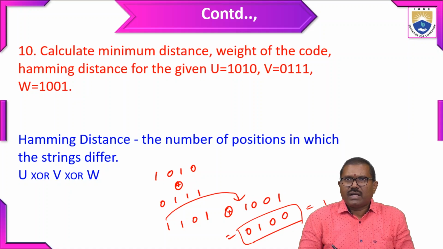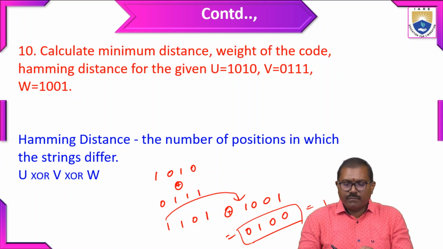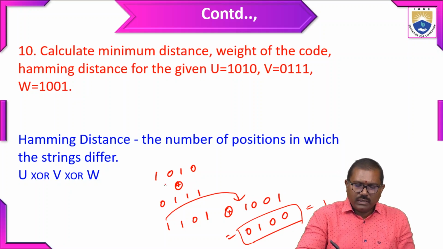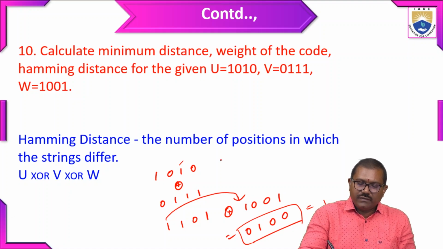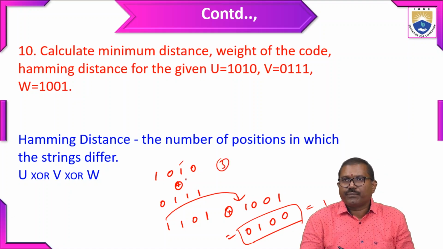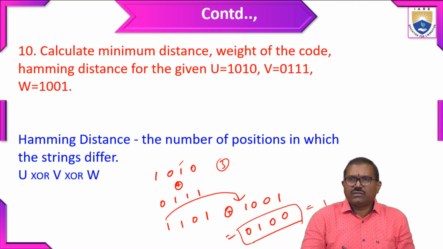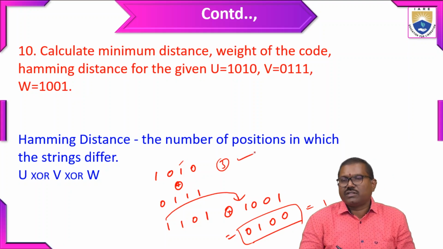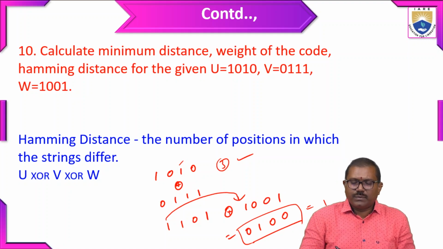And Hamming distance is the number of positions that vary. When you compare U to V, there are 3 variations. Again from V to W, also 3 variations. So the Hamming distance is 3. You can easily find it. This is the minimum weight.